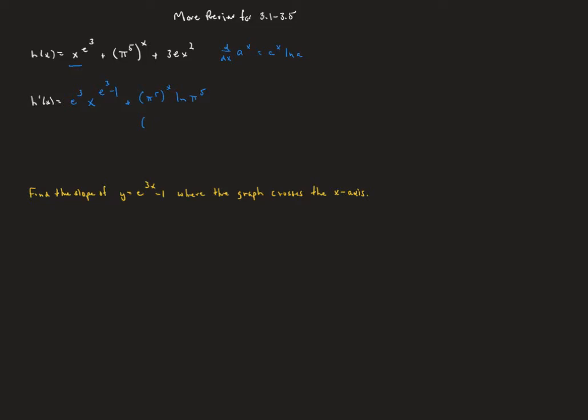or if you are looking for an opportunity to flaunt your knowledge of logarithms and exponents, you could say that pi to the fifth to the x is pi to the 5x, and then you could bring the 5 in front of that natural log and call that 5 natural log of pi, but that's just for the adventurous among us.